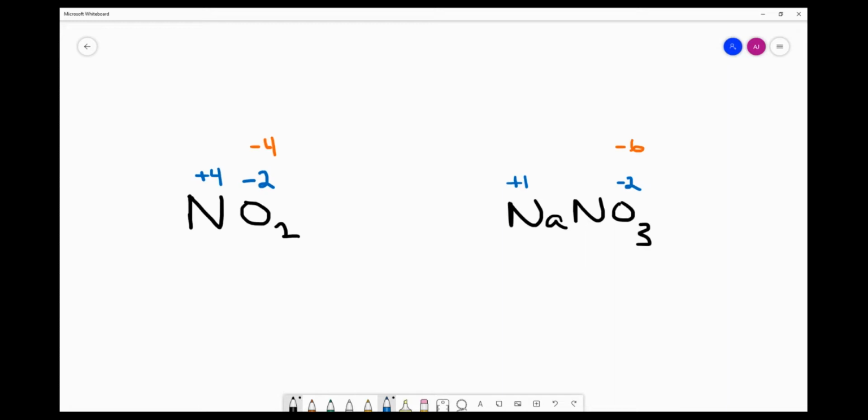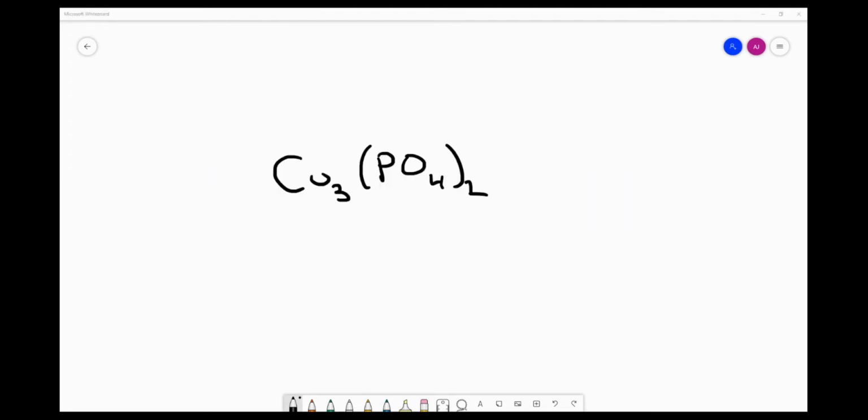So here I have -6 plus 1. In total, if I sum those, I'm at -5. And that means the one nitrogen must have a +5 oxidation state, so that the sum of the oxidation states of all the atoms in the compound is equal to the compound charge, which is 0 here. So we see here nitrogen, depending on how it's bonded and what it's bonded with, will have a different oxidation state. Let's look at one more example.